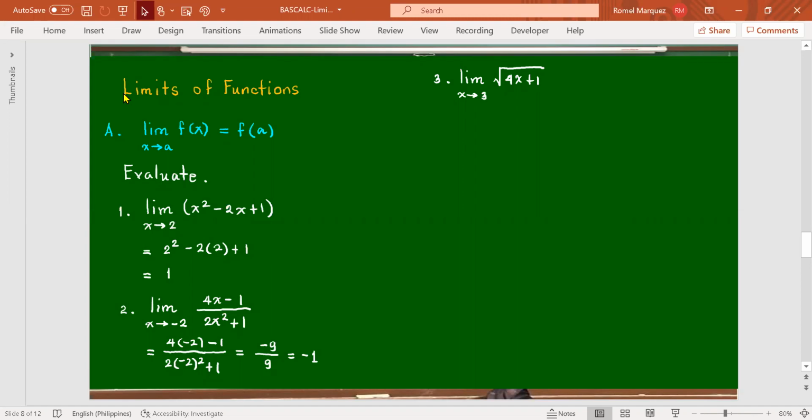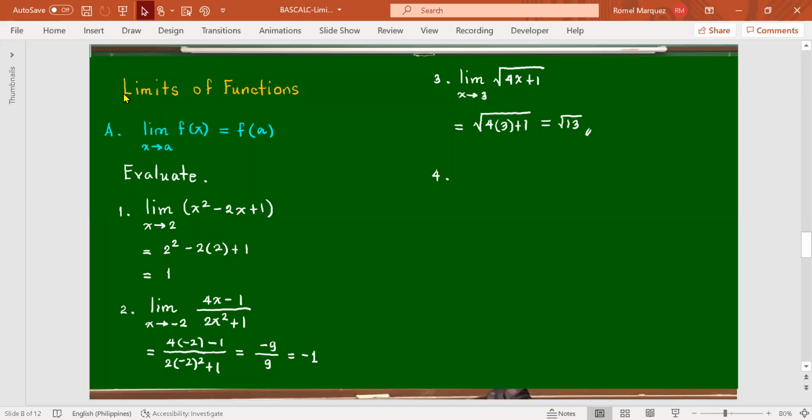So I can apply the substitution technique. We now have the square root of 4 times 3 plus 1. What's the answer, guys? Square root of 13. Okay? So that's the limit.